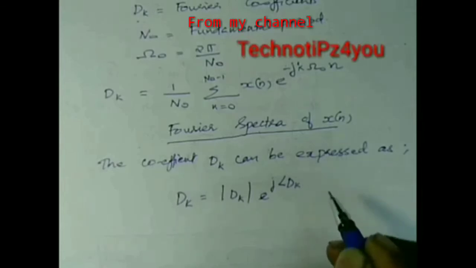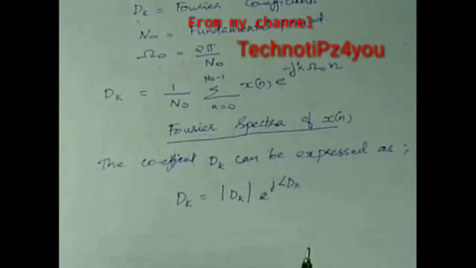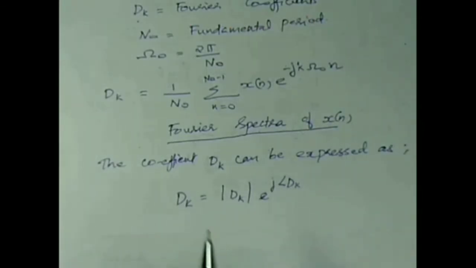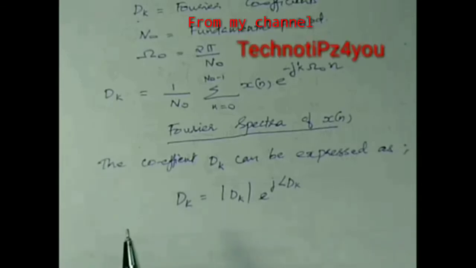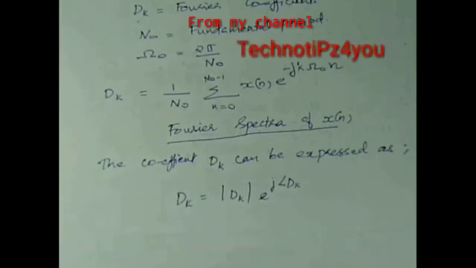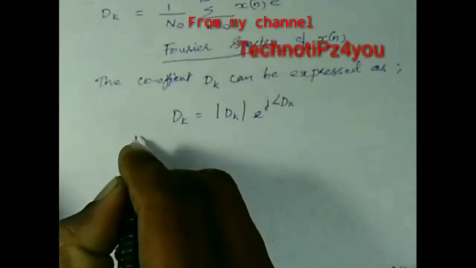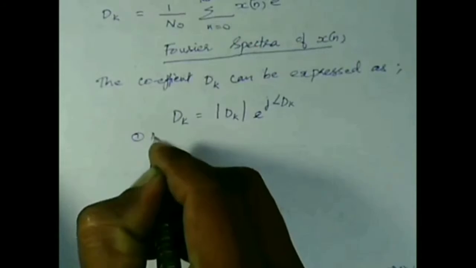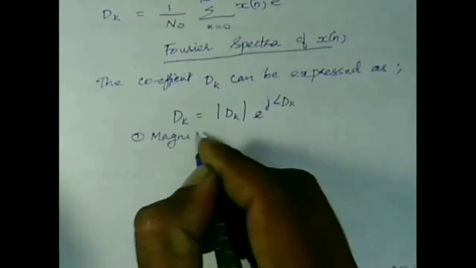Then we come across two new terms. One is the magnitude spectrum or magnitude plot, and the other one is the phase spectrum or phase plot.